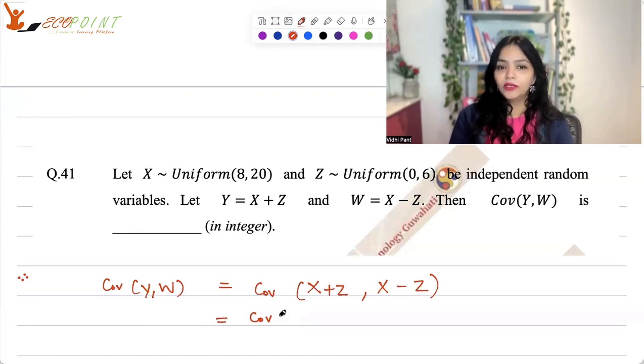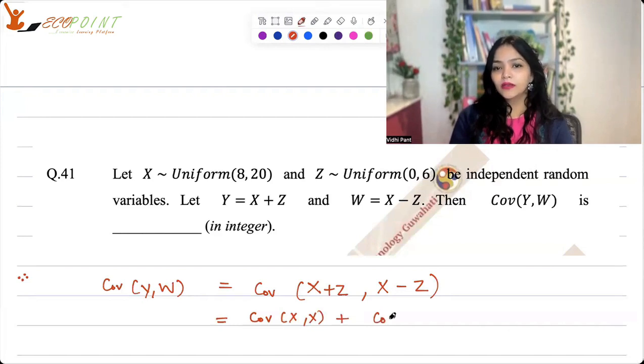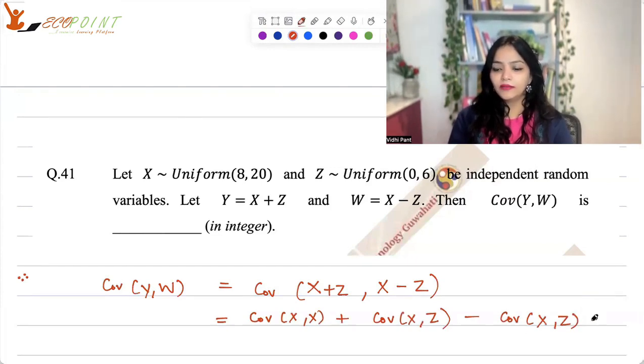So here you will get covariance XX plus covariance XZ minus covariance, since you have X minus Z, so you will also have minus covariance XZ or ZX, and you will have minus covariance ZZ.